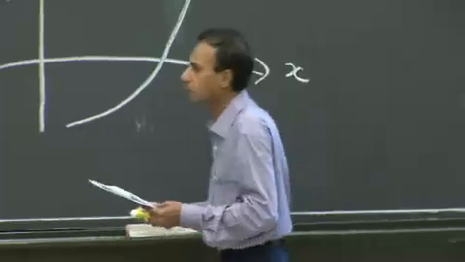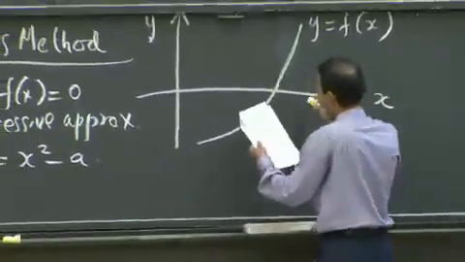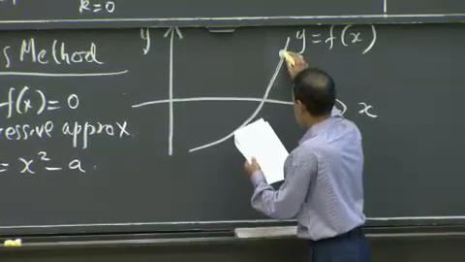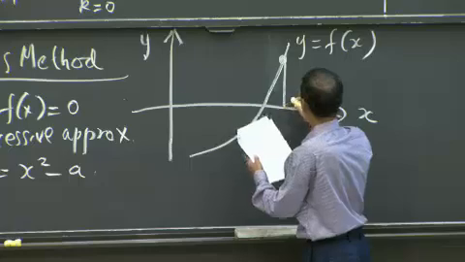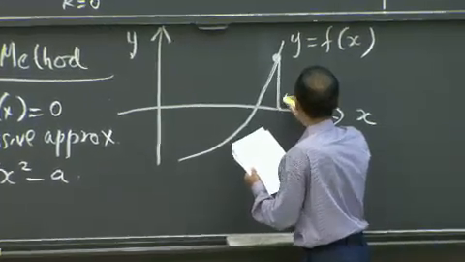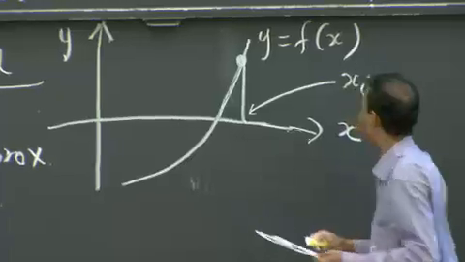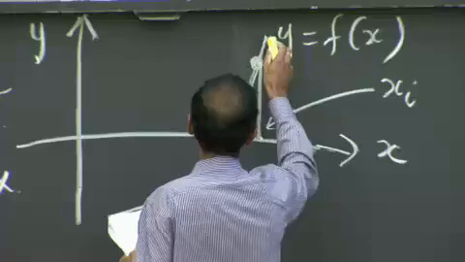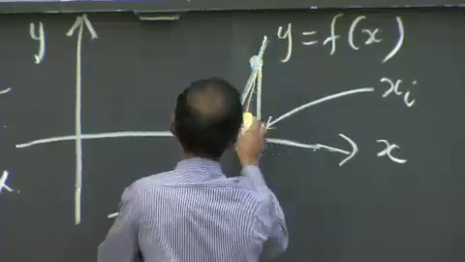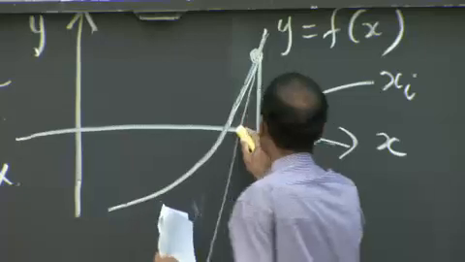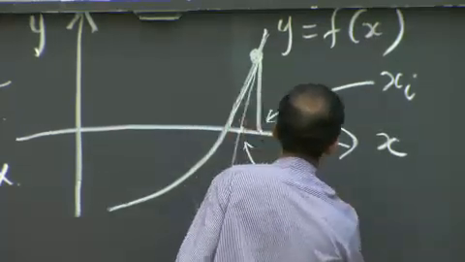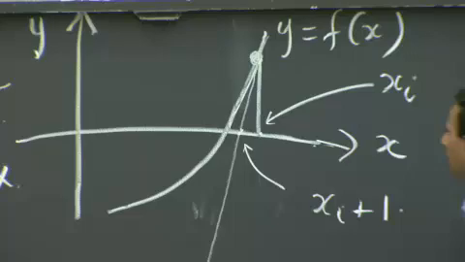So what would happen is, let's say you're sitting out here, and it's a successive approximation method. So this would give you x of i, and now you want to compute x of i plus 1. What you're going to do is draw a tangent like so, and find the intercept onto the x-axis, the x-intercept, and that is going to be your x of i plus 1.